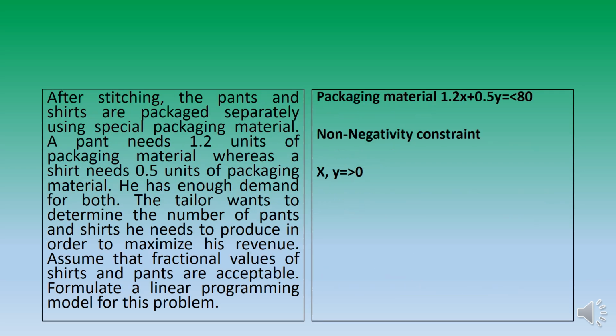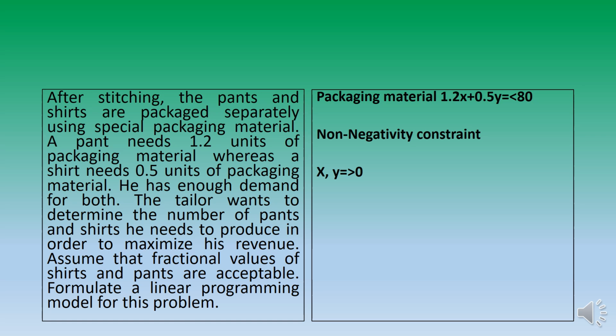Let's move ahead. After stitching, the pants and shirts are packaged separately using special packaging material. A pant needs 1.2 units of packaging material, whereas a shirt needs 0.5 units of packaging material. You see, the packaging material total was already given. I discussed it before. That was the maximum, 80 units he had.